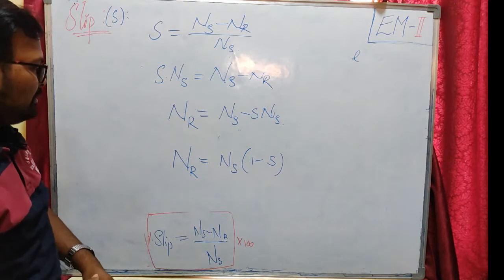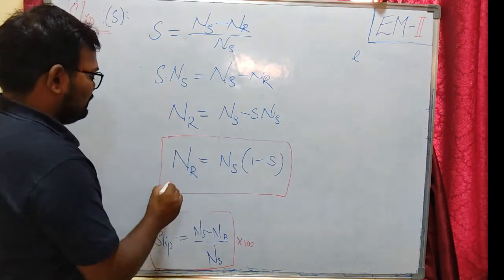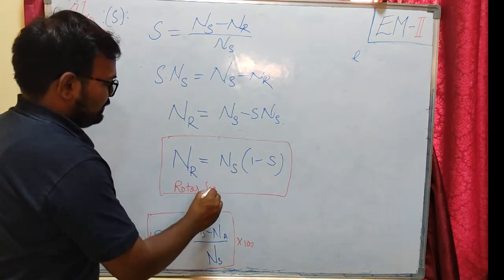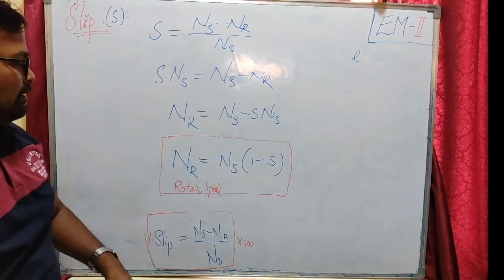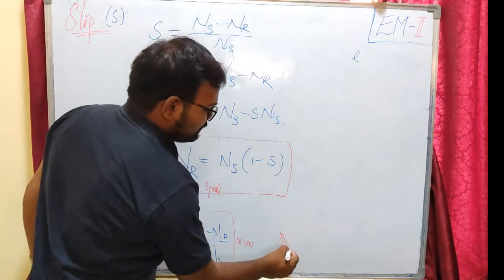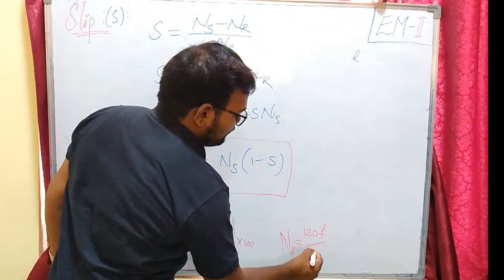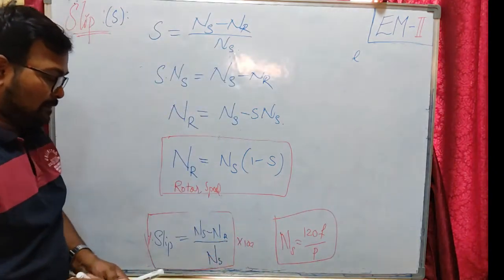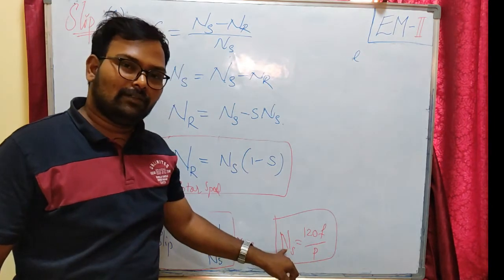Now the expression for our rotor speed, whenever we have synchronous speed and slip, will be like this. This is the expression for rotor speed of an induction machine, nr is rotor speed. We can find the ns whenever we have supply frequency and number of poles. If the given data has supply frequency and number of poles, we can find out the synchronous speed.